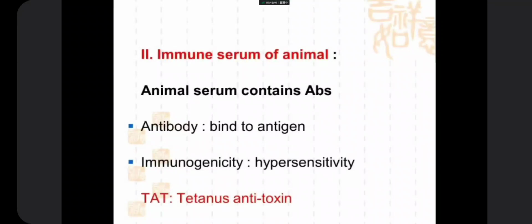So for human beings, they are immunogenic. They can induce hypersensitivity. So the immune serum of animals has two aspects: one is abnormal, another is normal.